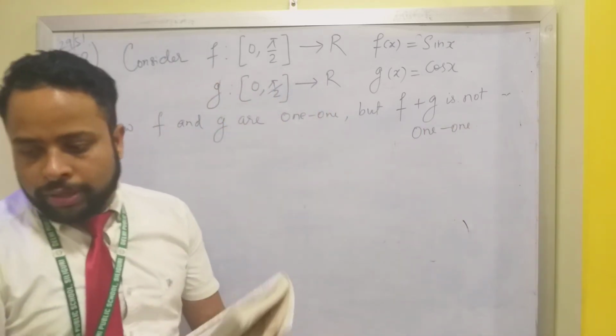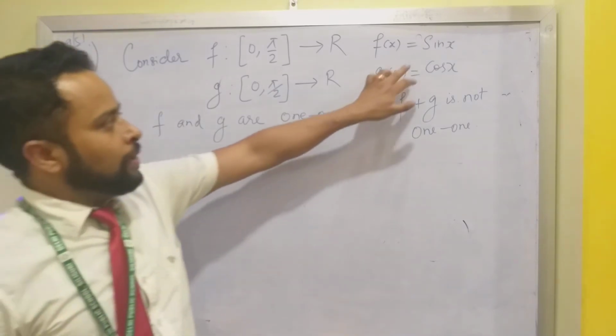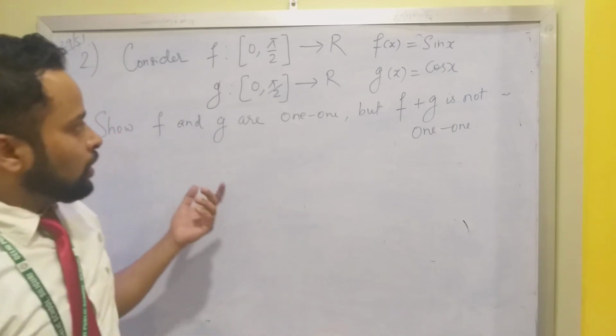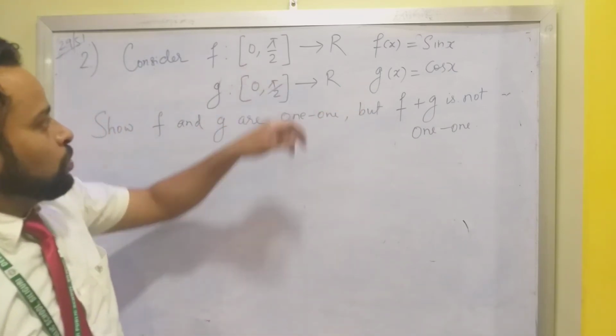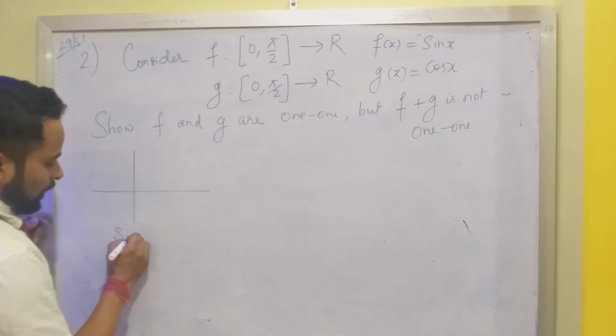Now what I am going to do is, first I will prove that f of x and g of x are one-one using the graphs of the sine function and cos function from 0 to pi by 2. I am writing the sin x graph.